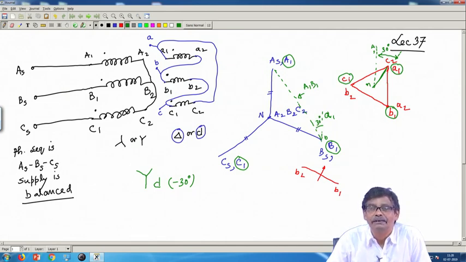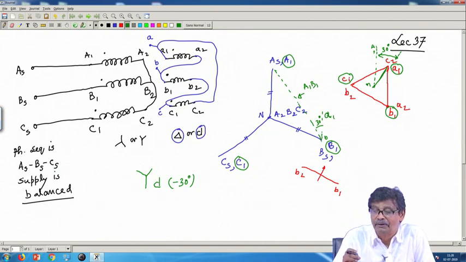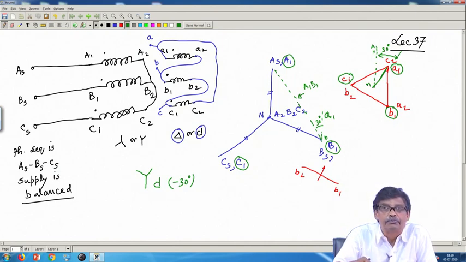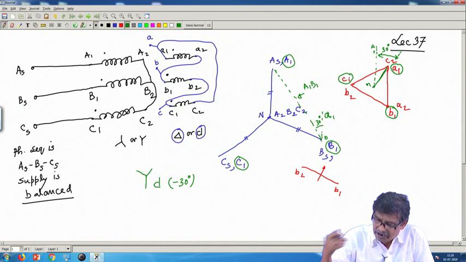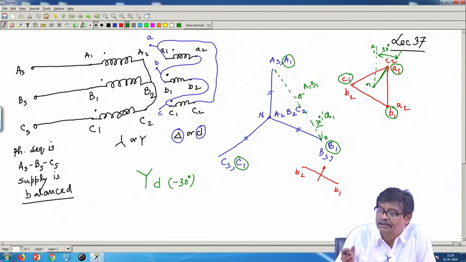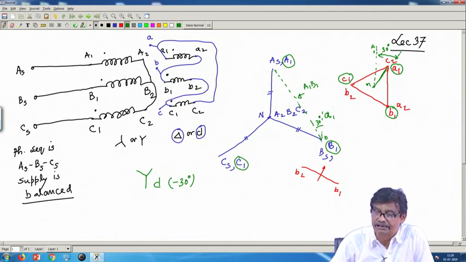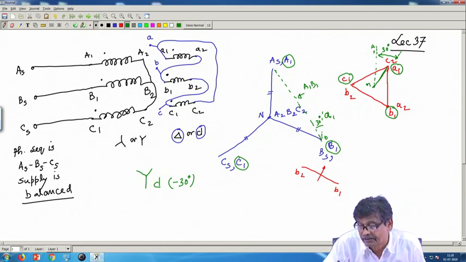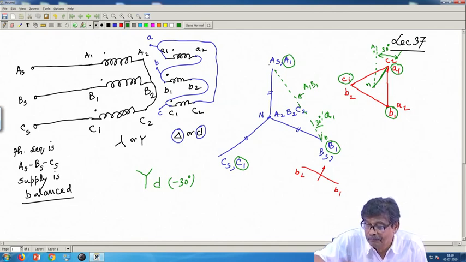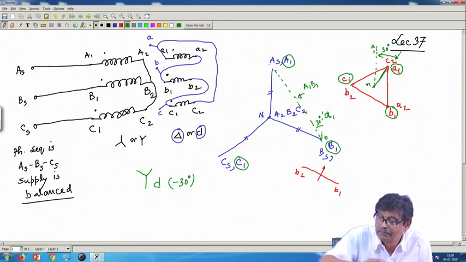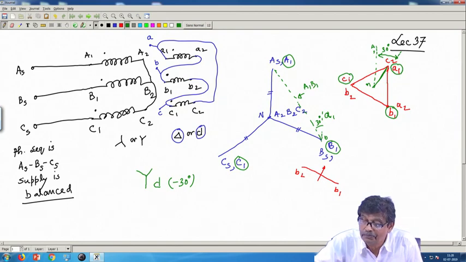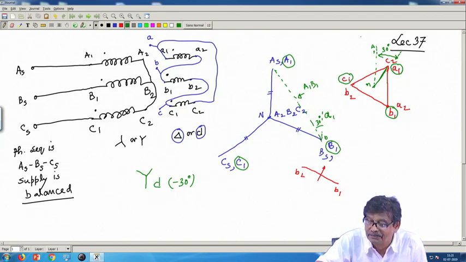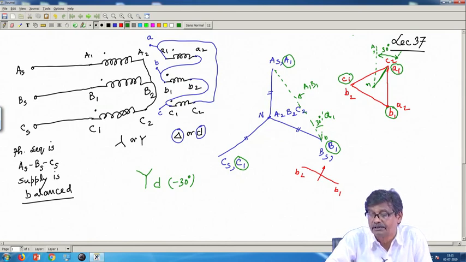Not only the phase voltage with respect to the neutral or artificial neutral will lag, which also means that line to line voltages too will be lagging by the same amount. This point you must understand, because this is A1 B1 line to line voltage on the primary side, your small a1 b1 becomes vertical, AB voltage of the same line to line voltage, that lags.